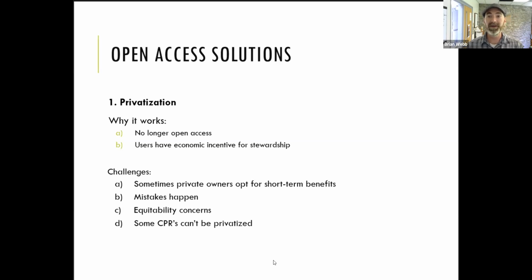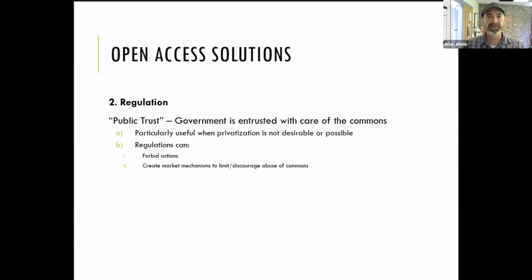These simply are impossible to privatize. So privatization can work in some isolated instances, but there are a lot of concerns even when it can work. And in many places, it simply isn't possible to do that. So this is a fairly limited solution to open access problems, the solution of privatization. It really only works for certain types of situations and doesn't for many others.